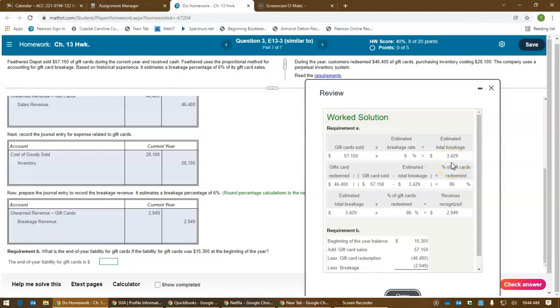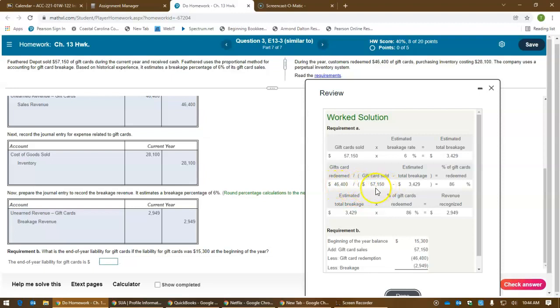Well, we have redeemed, or customers have redeemed some of these gift cards, so that needs to play into the equation as well. So let's find out what the percent of the gift cards redeemed really is. So you're taking the amount that it has been redeemed, the $46,400, and you're going to divide that.